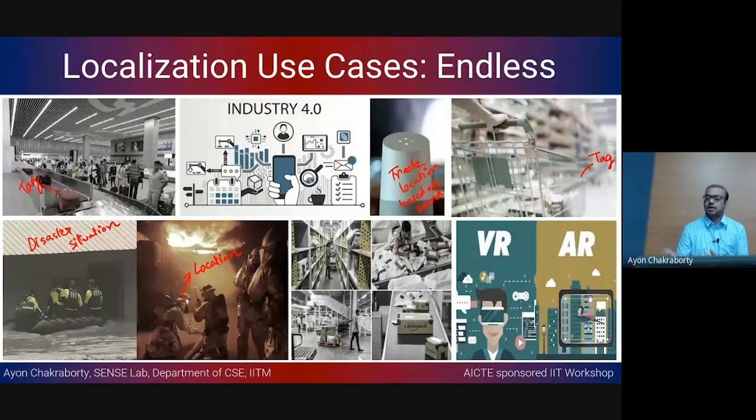And last but not the least, there is a lot of application coming up in next generation gaming, right. So in AR VR gaming systems, particularly in multiplayer gaming, you need to have an idea of the relative location of the different entities or the different persons who are in the game.